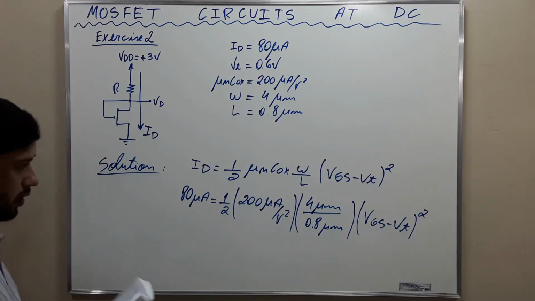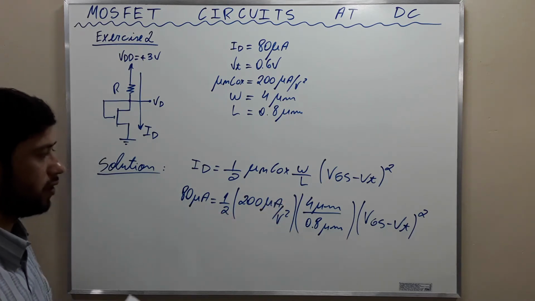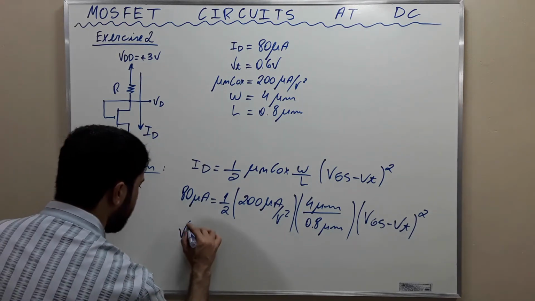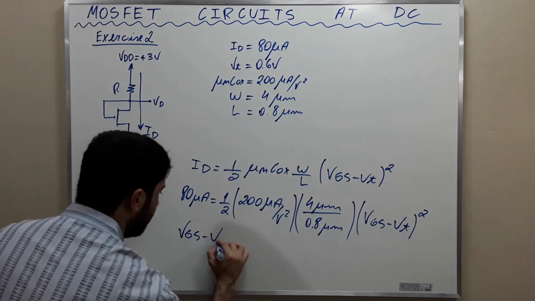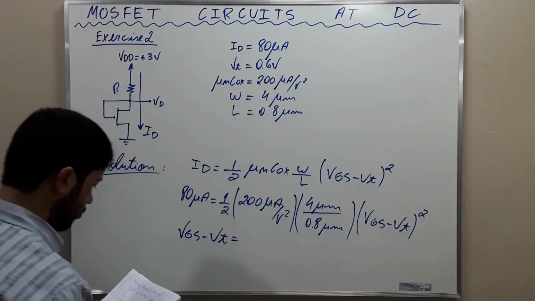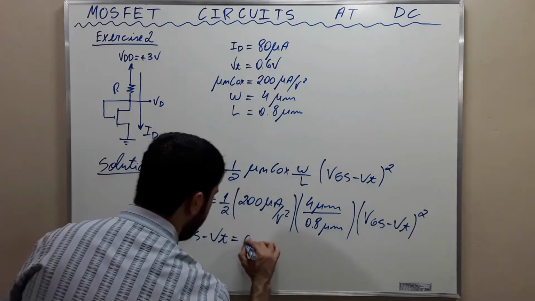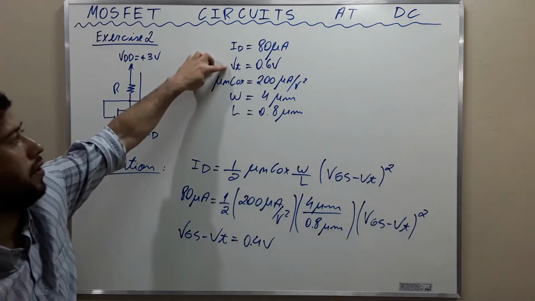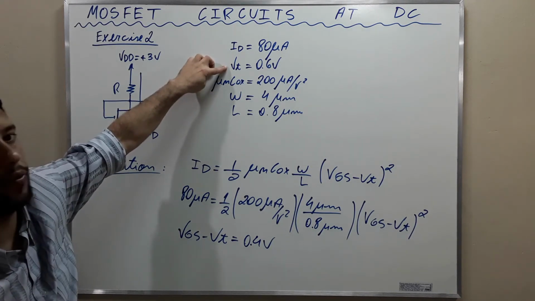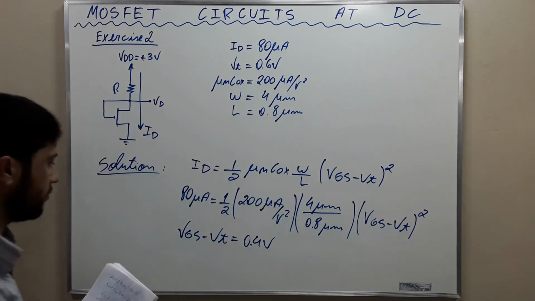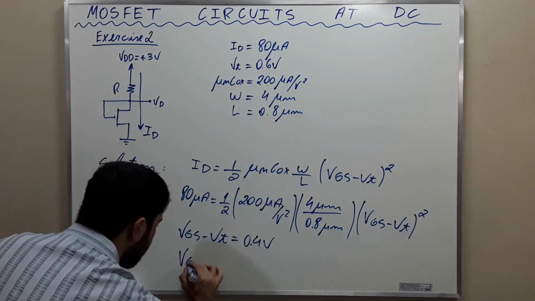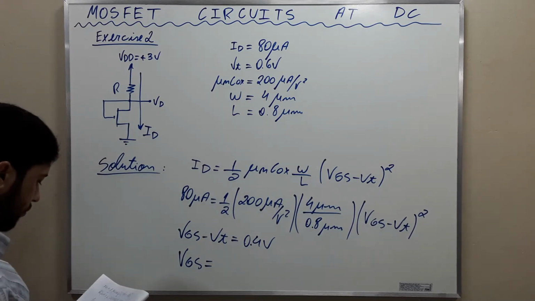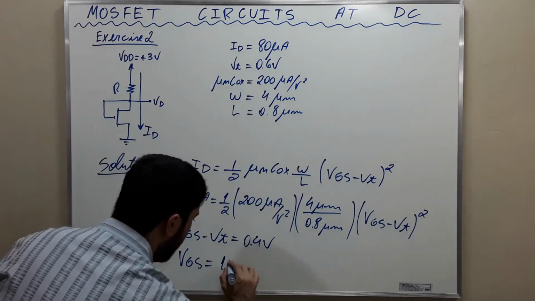And if we conduct this, it is easy. We find that VGS minus VT is equal to 0.4 volts. And since VT is equal to 0.6 volts, we find that VGS is equal to 0.4 plus 0.6, which is 1 volt.